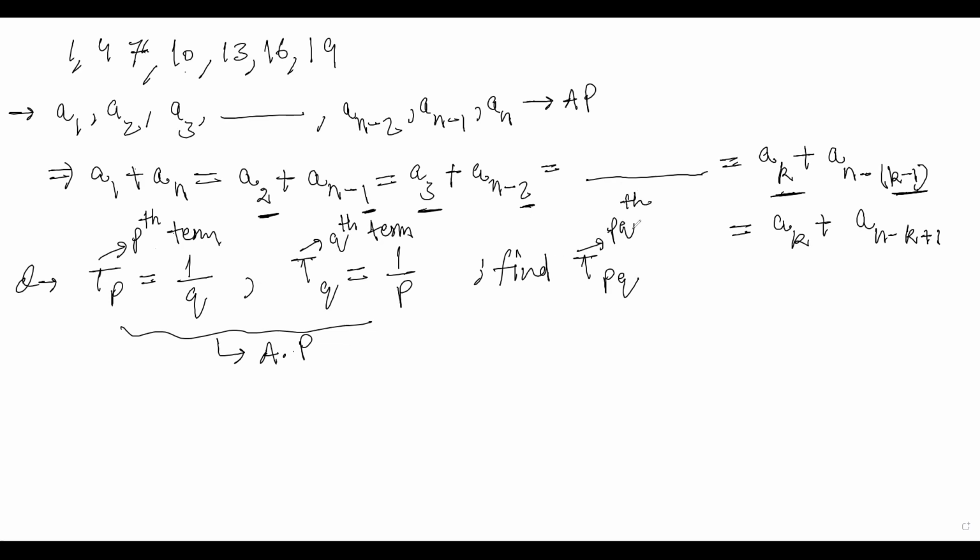But this is all in terms of p and q. You have to find the pqth term first, and then we will find out S(pq), the sum of pq terms. First find out T(pq). Try this, everyone.